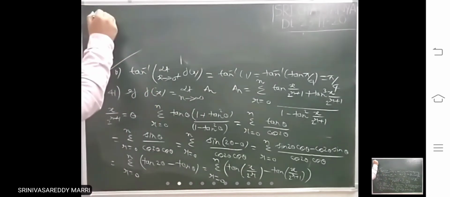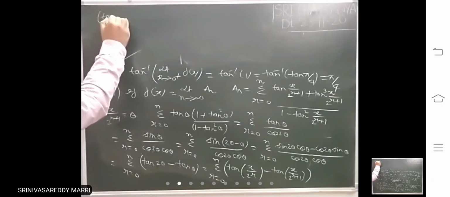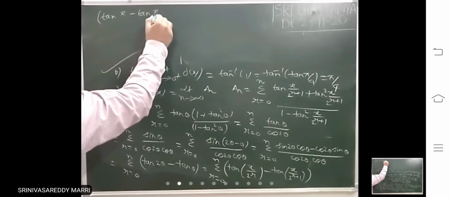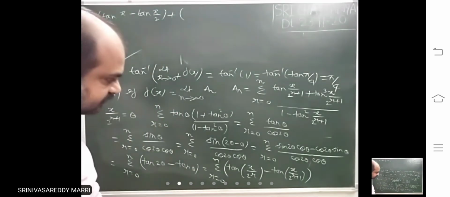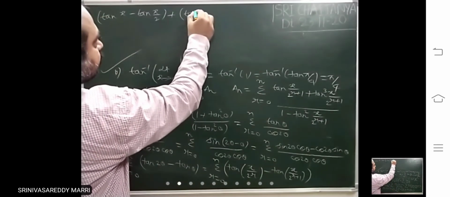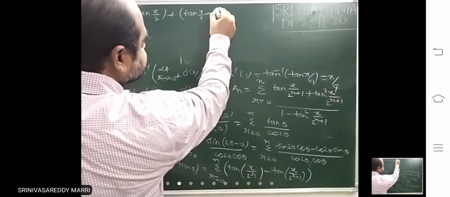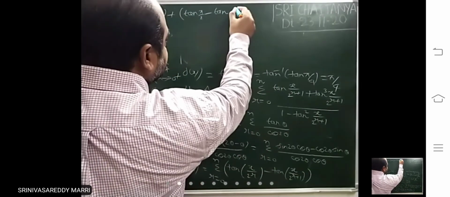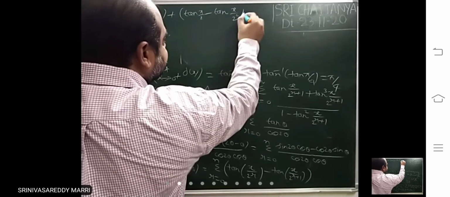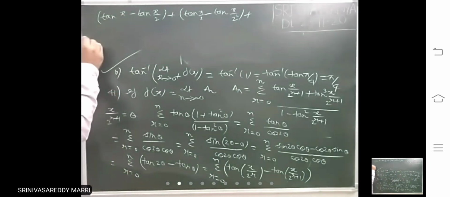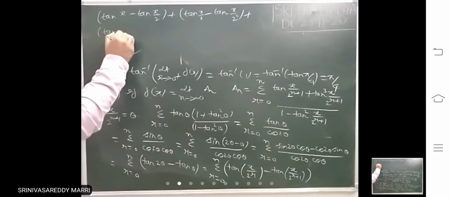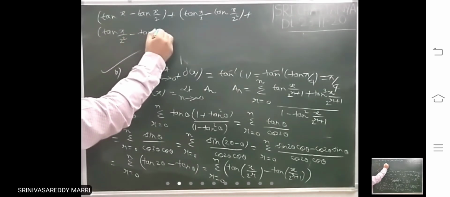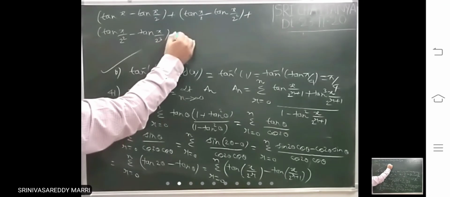For r equals 0, the first term you get is tan x minus tan of x by 2. Next, r equal to 1 gives tan of x by 2 minus tan of x by 2 square. Then r equal to 2 gives tan of x by 2 square minus tan of x by 2 cube, and so on.